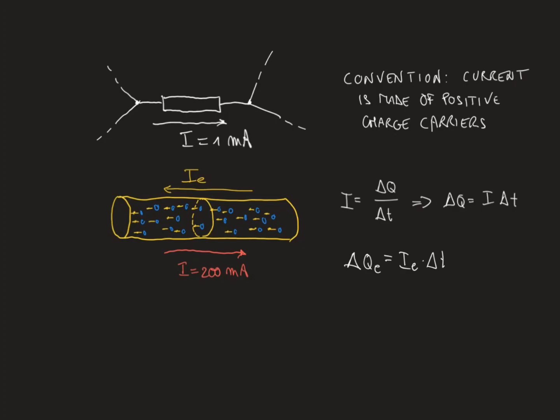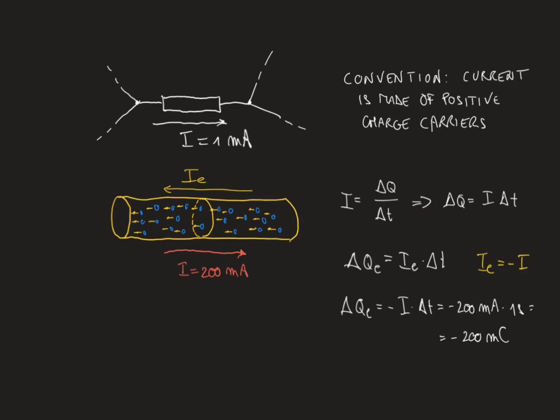Of course, I sub e is equal to minus I. So delta q sub e will be equal to minus I times delta t, which is minus 200 milliamps times 1 second, which amounts to minus 200 millicoulomb.